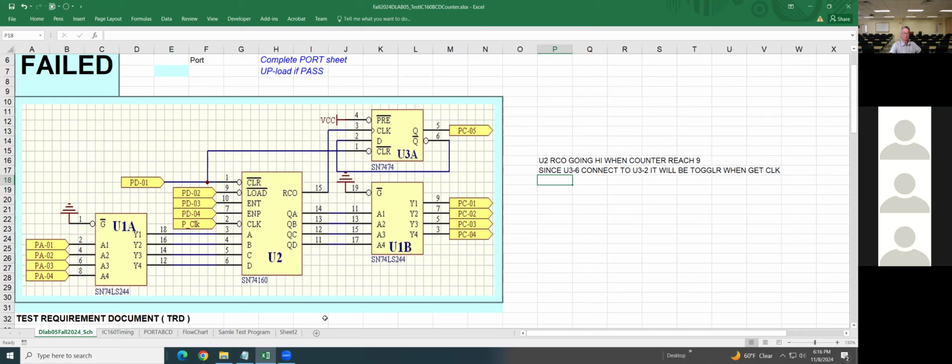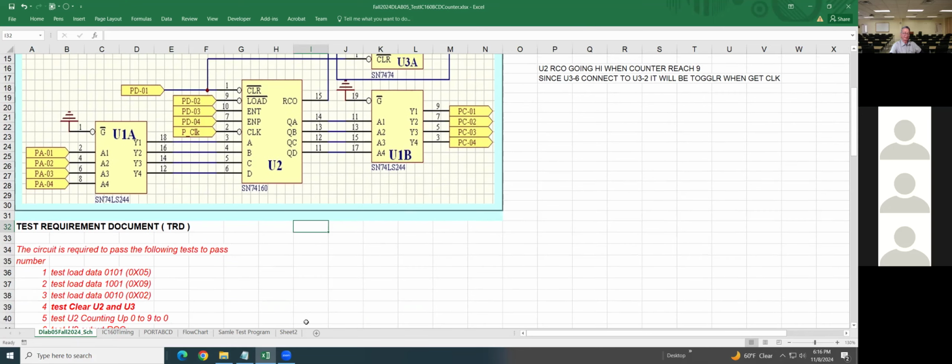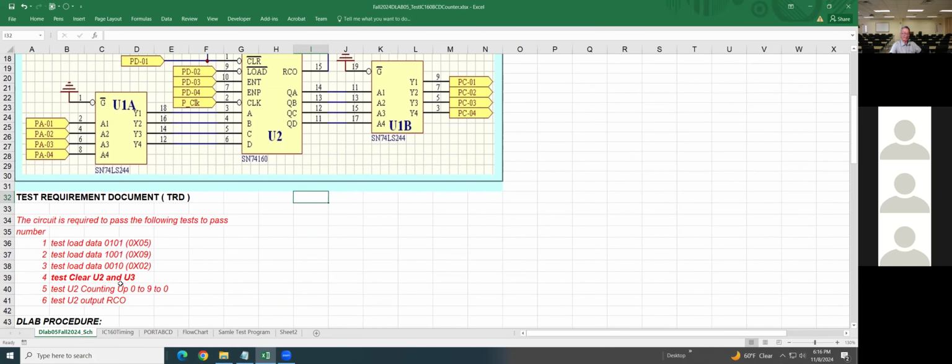That's why in here, after you test counting, you have to test RCO.